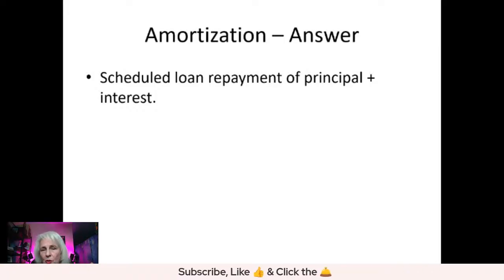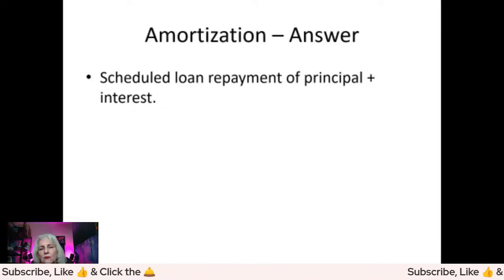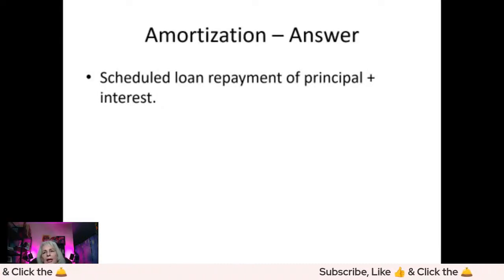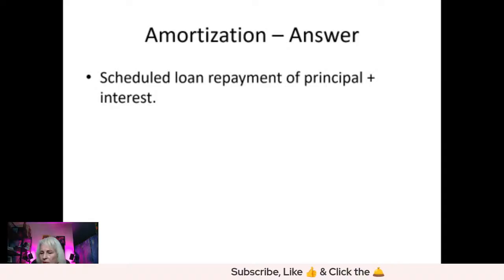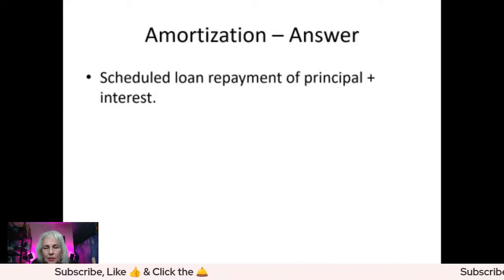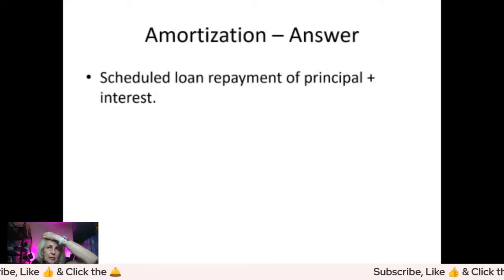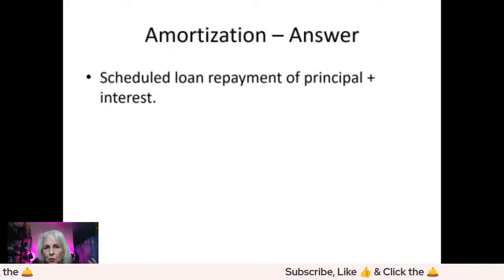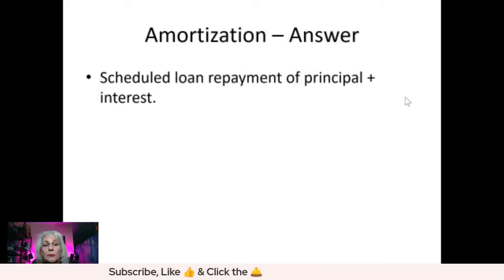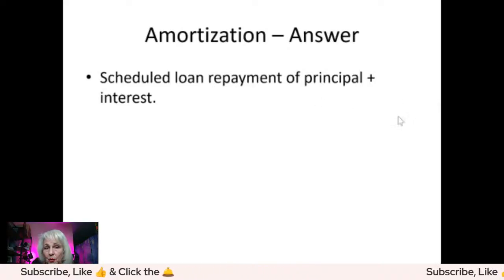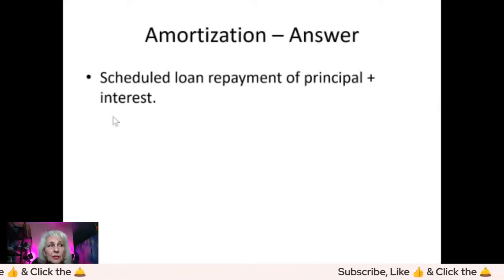Typical for residential is 30 years. So it is stretched out for 30 years, and an amount is determined by dividing it by the 360 months, 30 years by 12, right? 360 months to determine what the monthly principal is and what the amount of interest is.